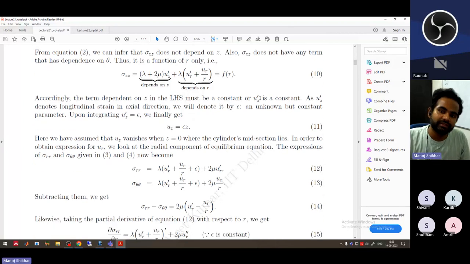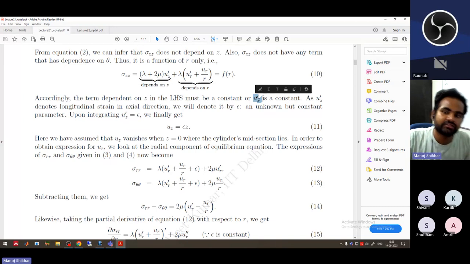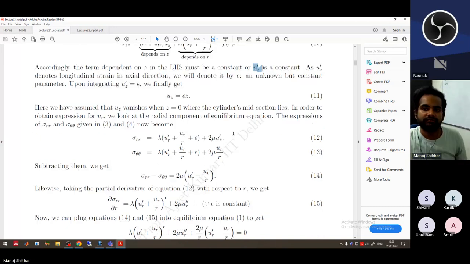And u prime z is actually the axial strain in the z direction.